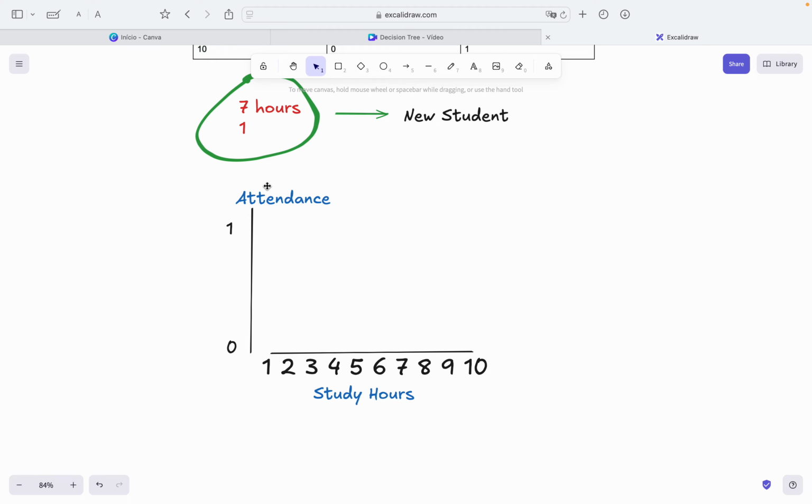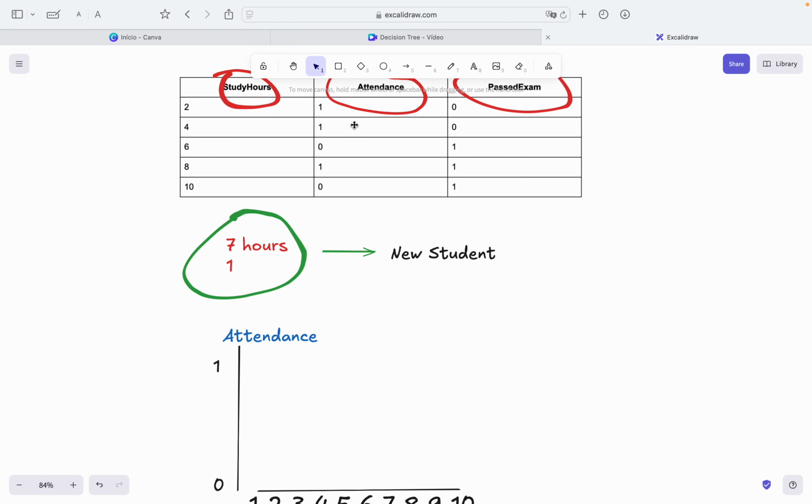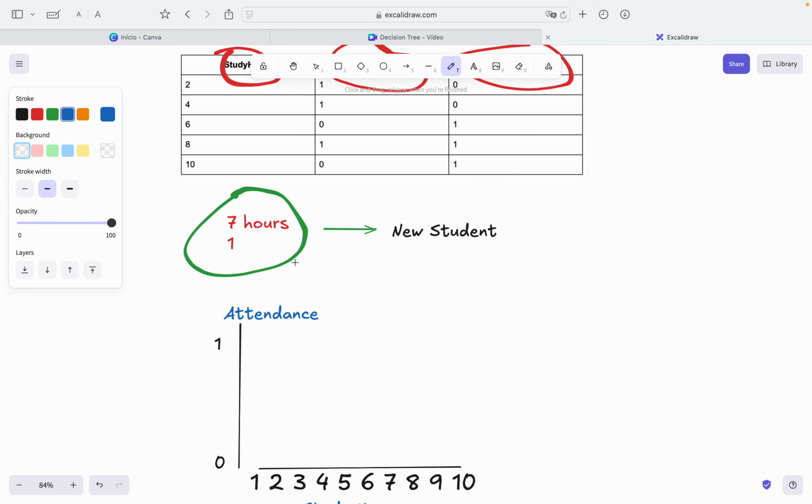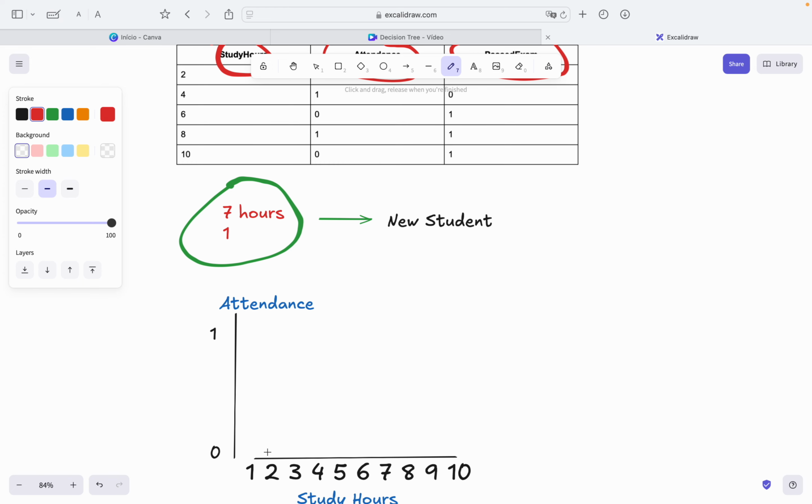Okay, so now let's mark some points. For example, 2 and 1. I'm gonna make it red because the data says that he didn't pass, right? So we can mark 4 and 1 too. So these guys didn't pass.